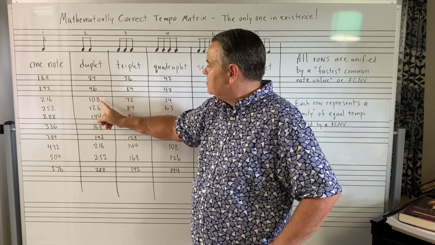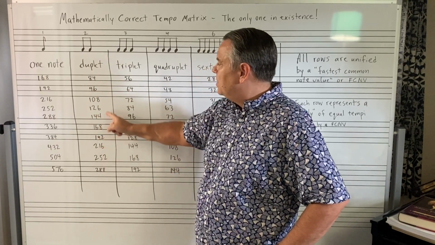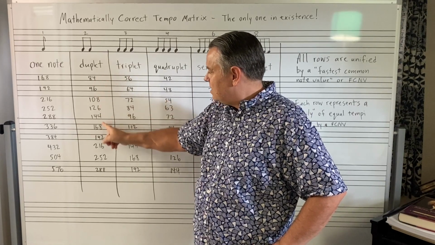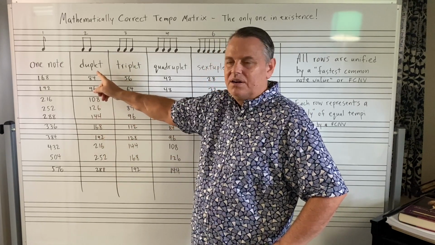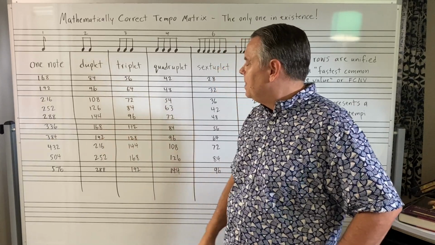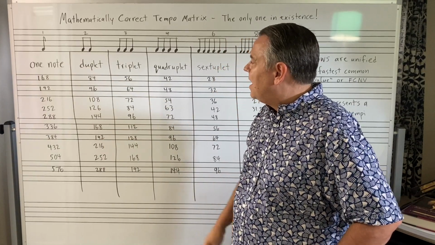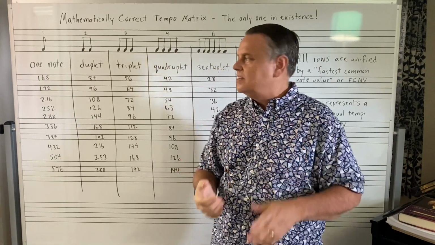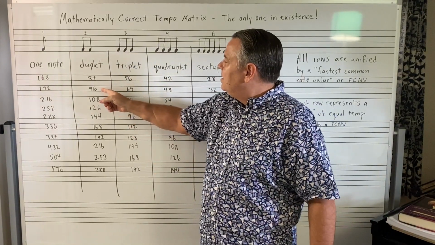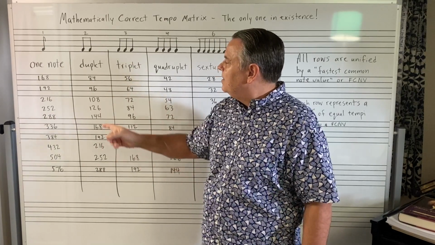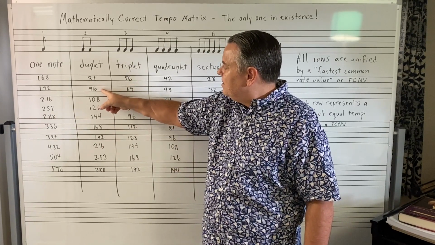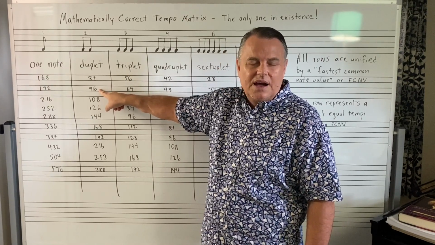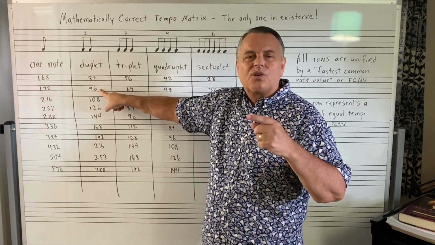So the quarter note tempo of the C sharp minor Prelude is somewhere in this column, under the duplets. And I've gravitated towards a slightly slower speed, as I mentioned yesterday in my video. I believe that this is the best tempo for the Prelude, 96 beats per quarter note.